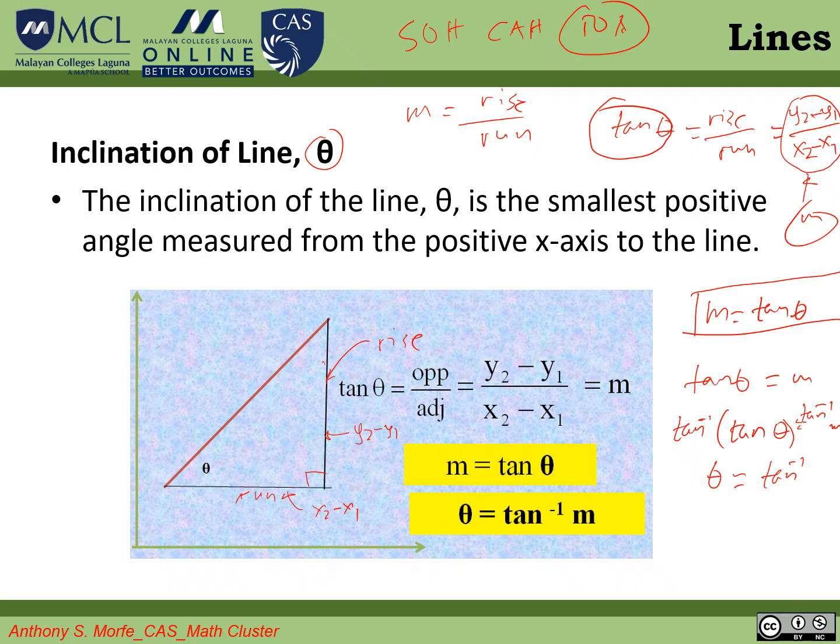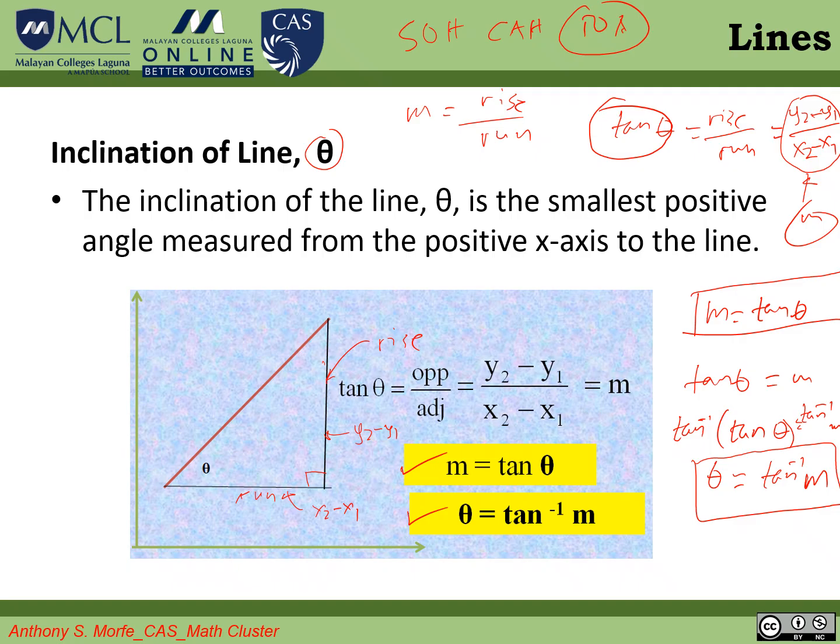Sorry, this is m. Okay, so remember, class, when we talk about inclination of a line, we just remember these two formulas: m is equal to tangent of theta, the slope is the tangent of theta, and theta is equal to inverse tangent of m.